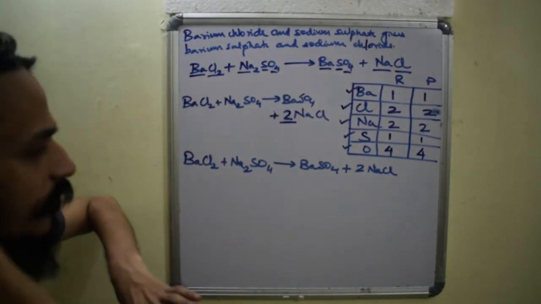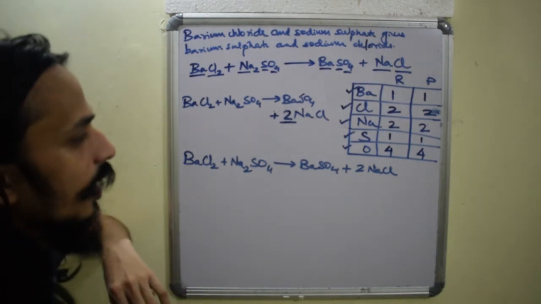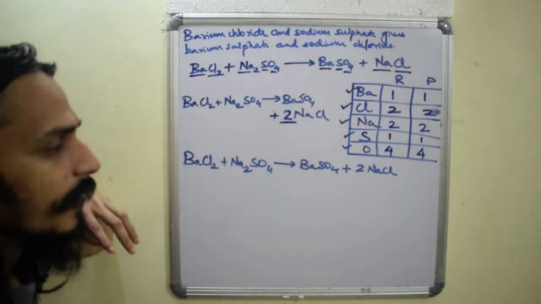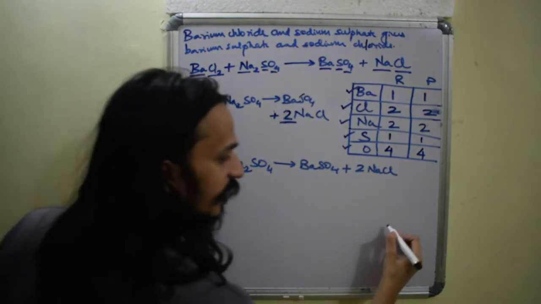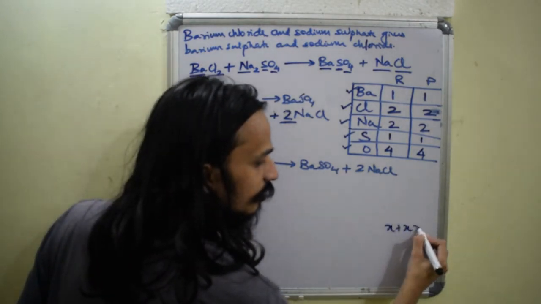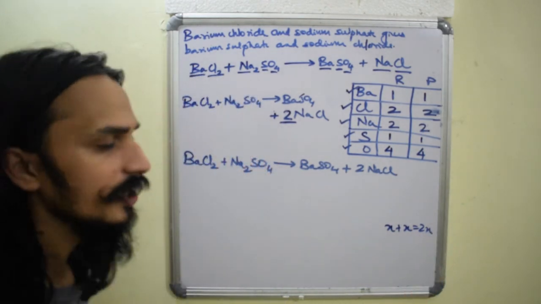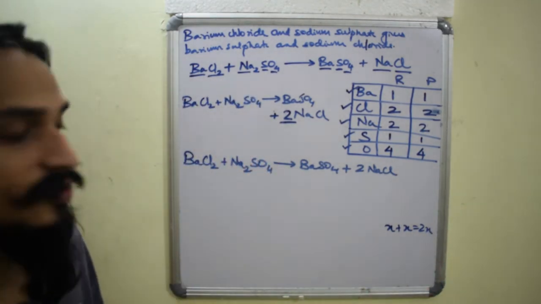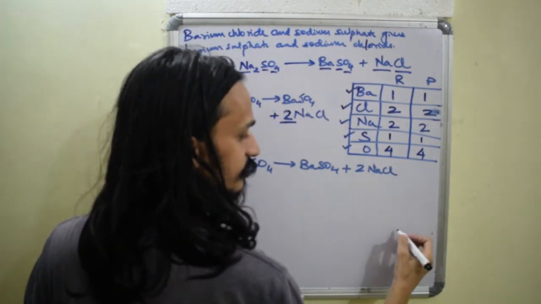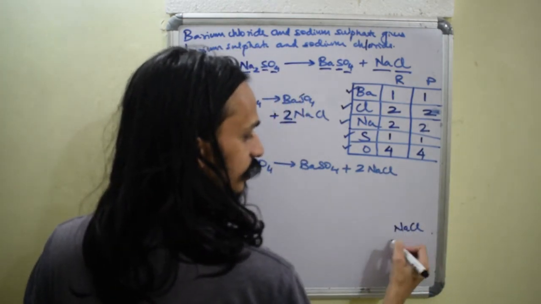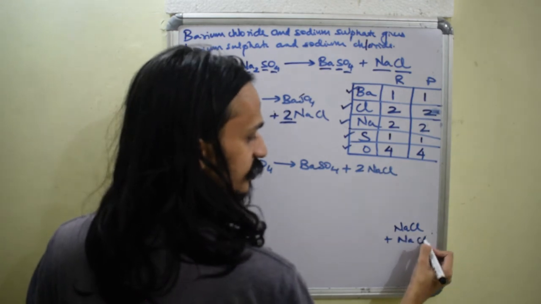One nifty little way to understand this is, in math we say x plus x equals 2x, right? We can write it like this, 2 into x, which is basically multiplying x with 2. A way to see this 2 NaCl is like this: NaCl plus NaCl.